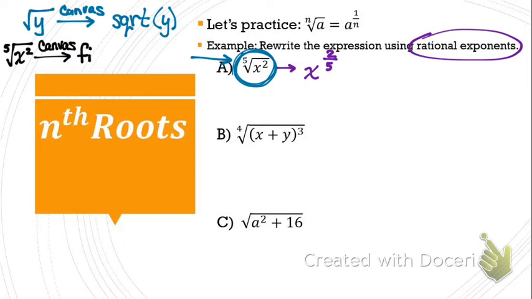So FIFTHRT. And then what is it that we are taking the 5th root of? X squared. How do I write x squared in Canvas? X caret 2. All right. So again, that's if I need to type in radicals and roots into Canvas.